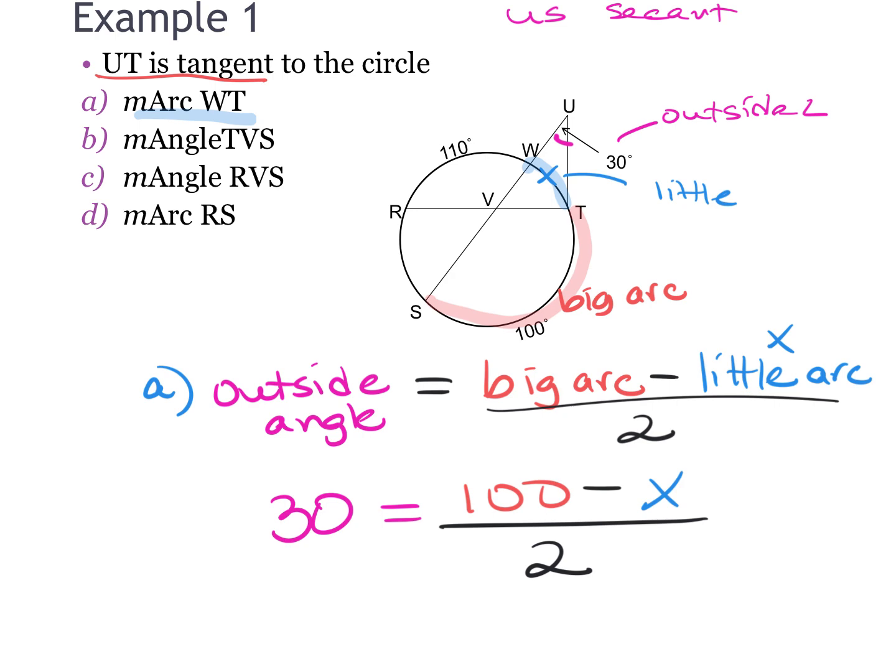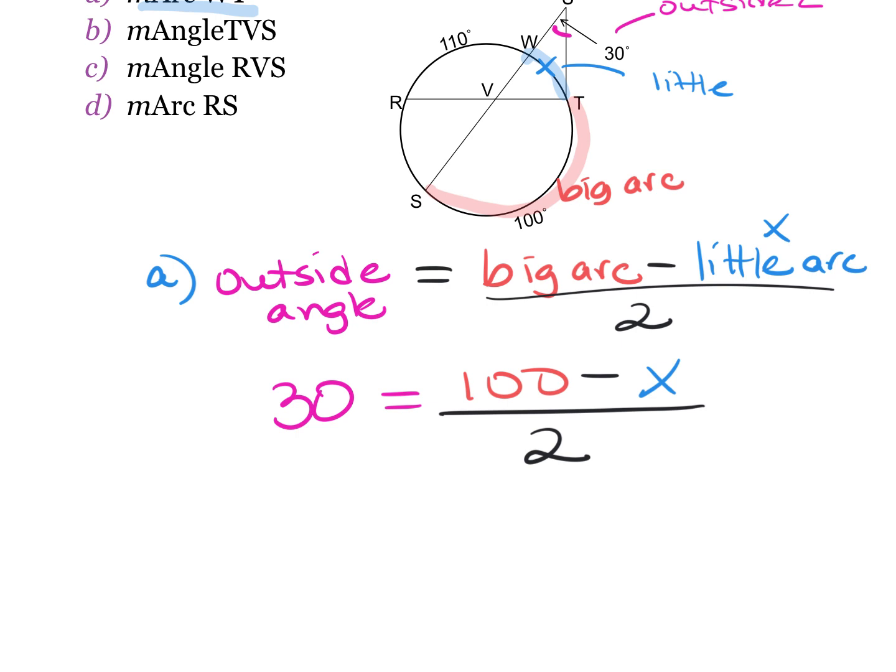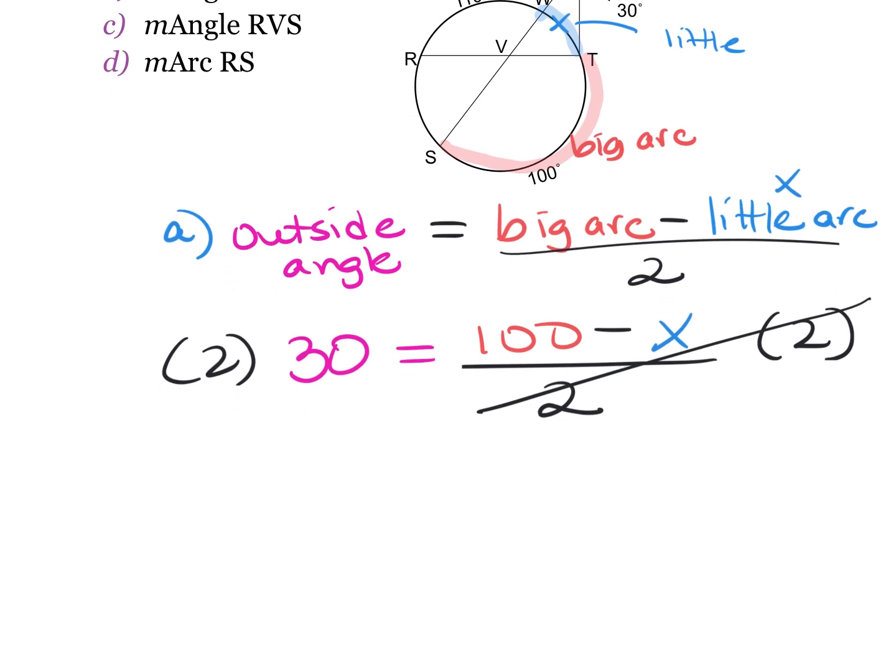So here is where your algebra is going to come in. We're going to multiply both sides by 2 to clear the fraction. When you're multiplying this right side, all it's doing is clearing that fraction. You're not distributing the 2 to the 100 and the X. But you do have to multiply the 30 and the 2. That'll give you 60. Now I'm going to solve by subtracting 100.